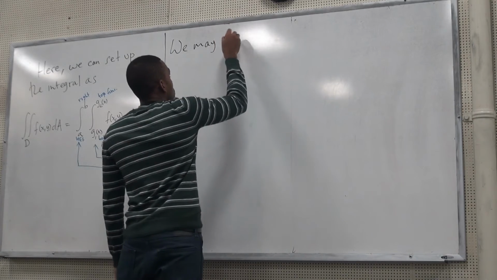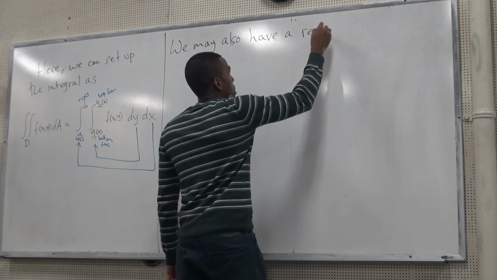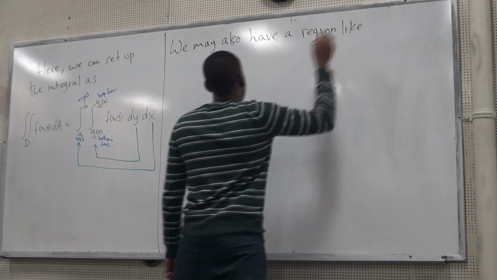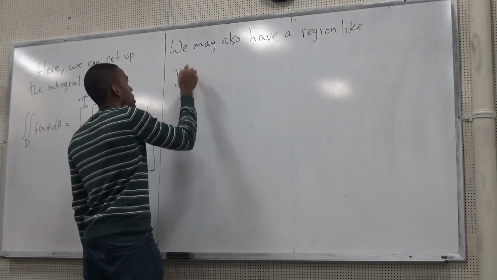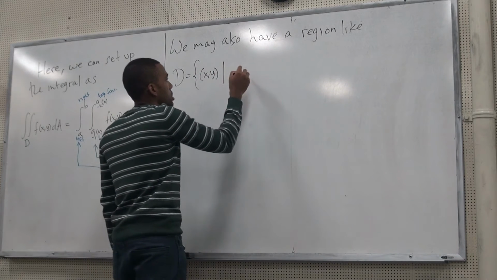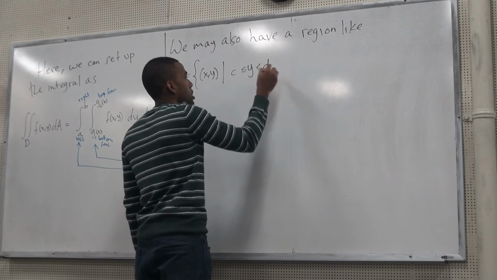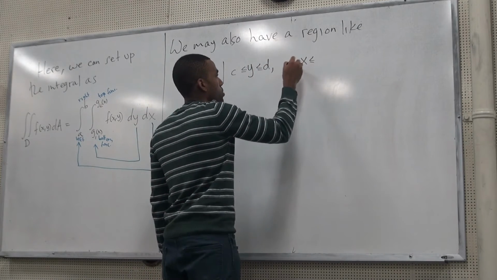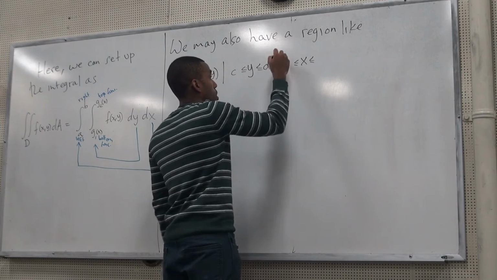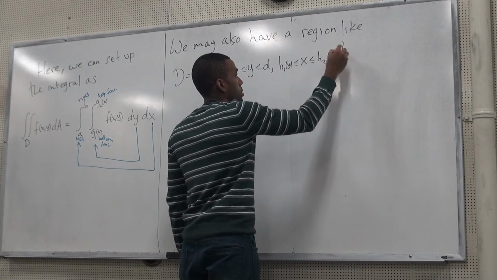You may also have a region like this, the other flip side: the set of all points such that now my y value goes between two constants, say c and d, and my x value goes between two functions, h1 of y and h2 of y.